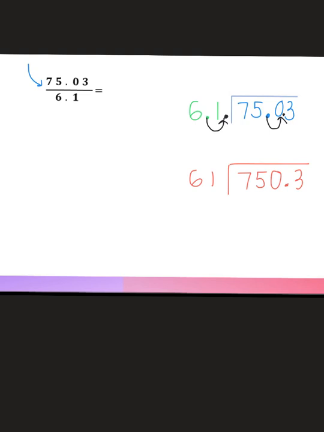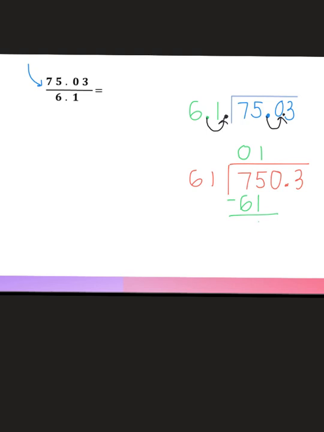When I go to divide, 61 can't go into 7, so I'm going to put a 0. 61 can go into 75 one time, because 1 times 61 is just 61. Then I'll subtract 75 minus 61.